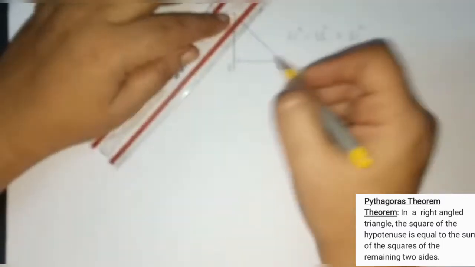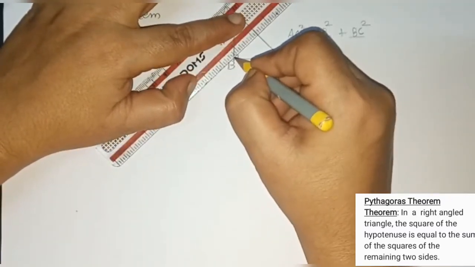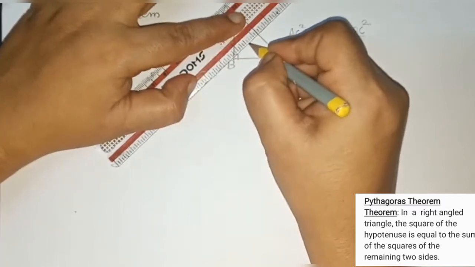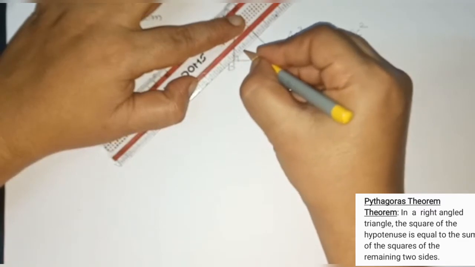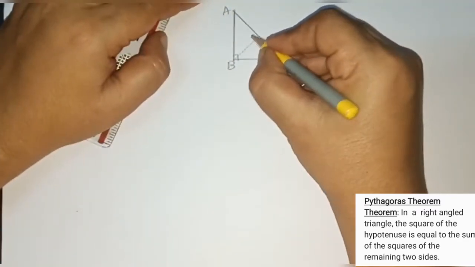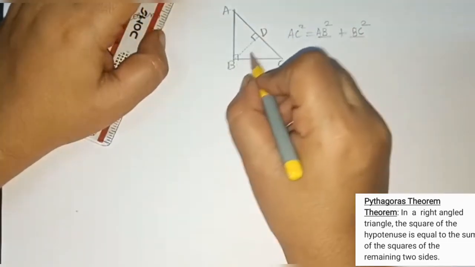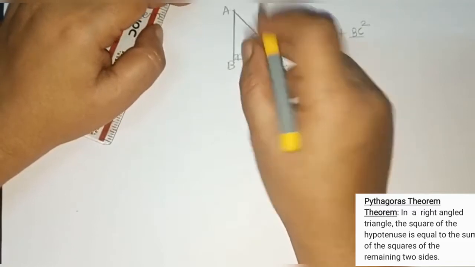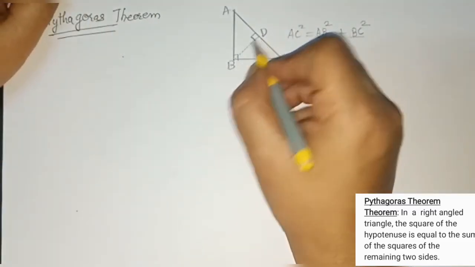So to prove this theorem, let us draw one altitude over here, just like we have drawn in the previous theorems, that is in similarity of right angled triangle. Also we have drawn an altitude on the hypotenuse. So BD is the altitude drawn on the hypotenuse. So because of this altitude, what has happened?